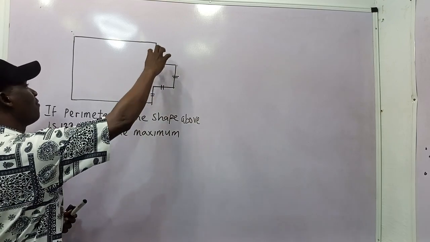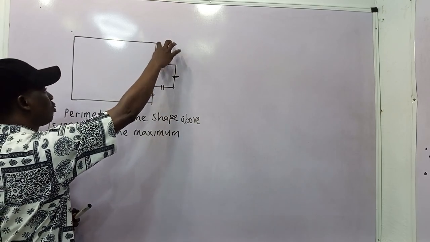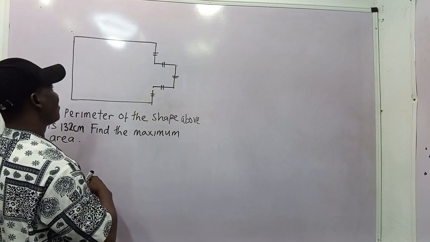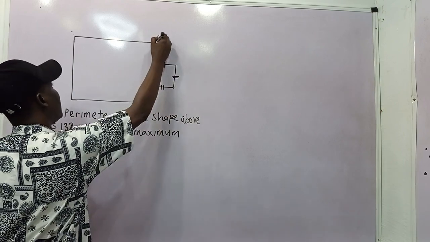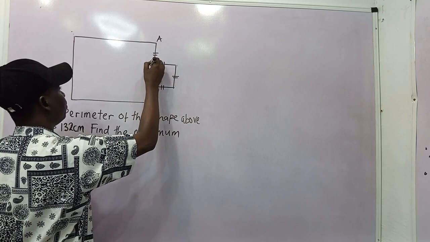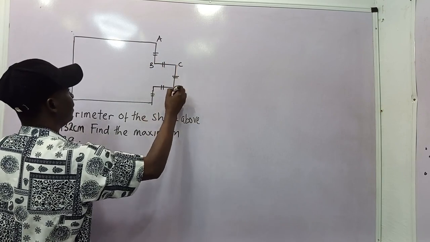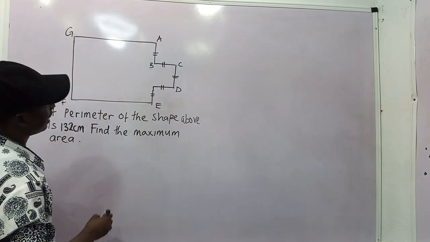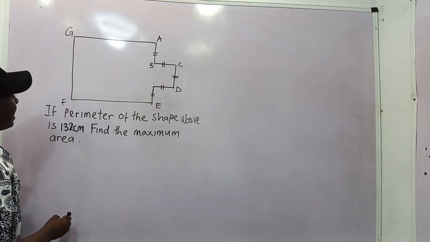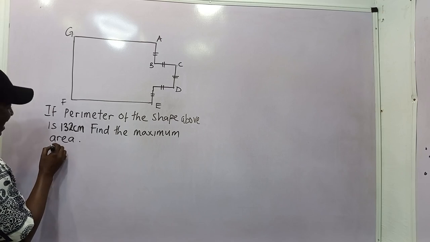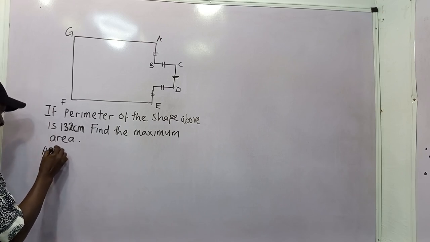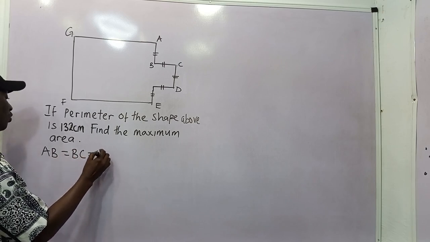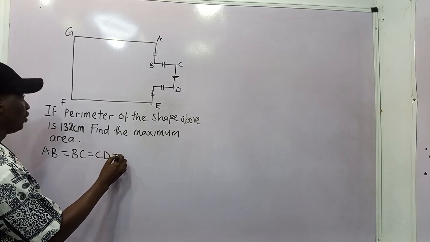Now, from here to this place is equal to this, equal to this, equal to this, equal to this. Let's name it. Let's call here A, B, C, D, E, F, G. Now, from the statement, AB is equal to BC is equal to CD is equal to what?